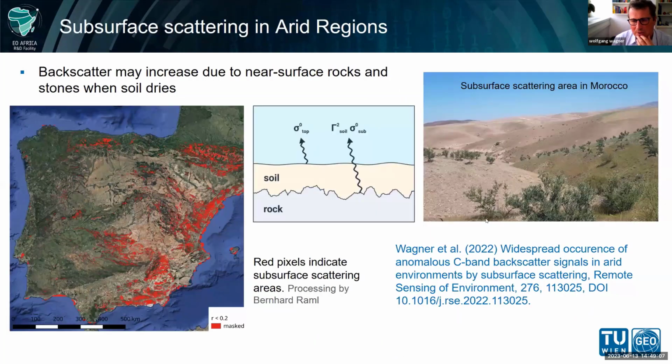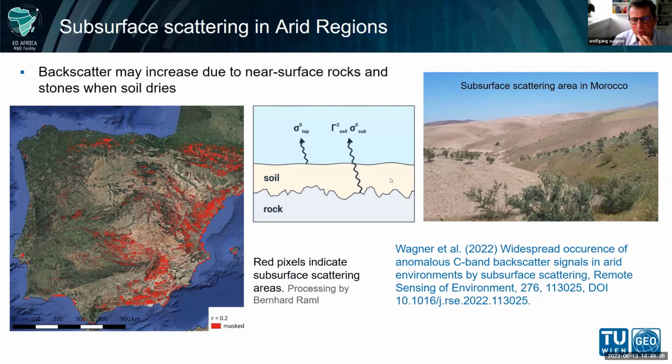Another very important effect, also very much in Africa, is the so-called phenomenon of subsurface scattering. Because if the soil is very dry, then we also see scattering elements below the soil surface. Imagine you have a layer of sand on top of rock.